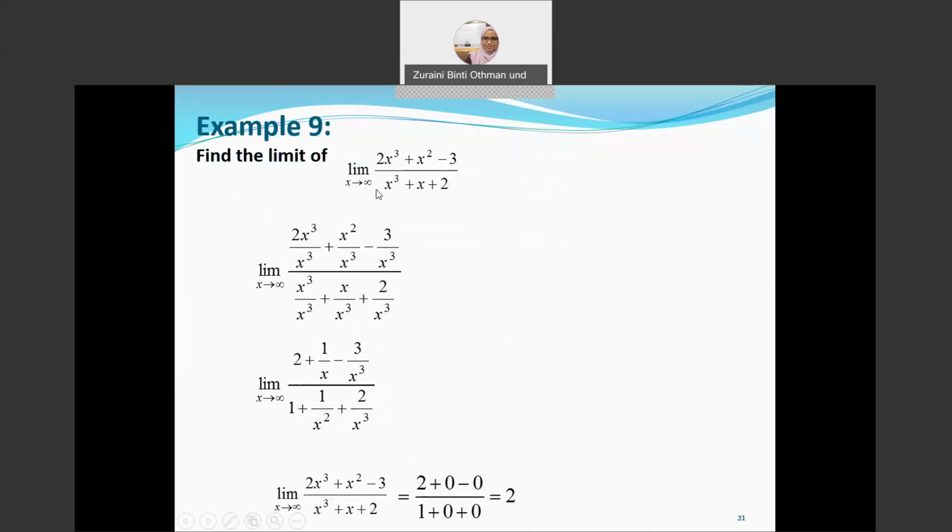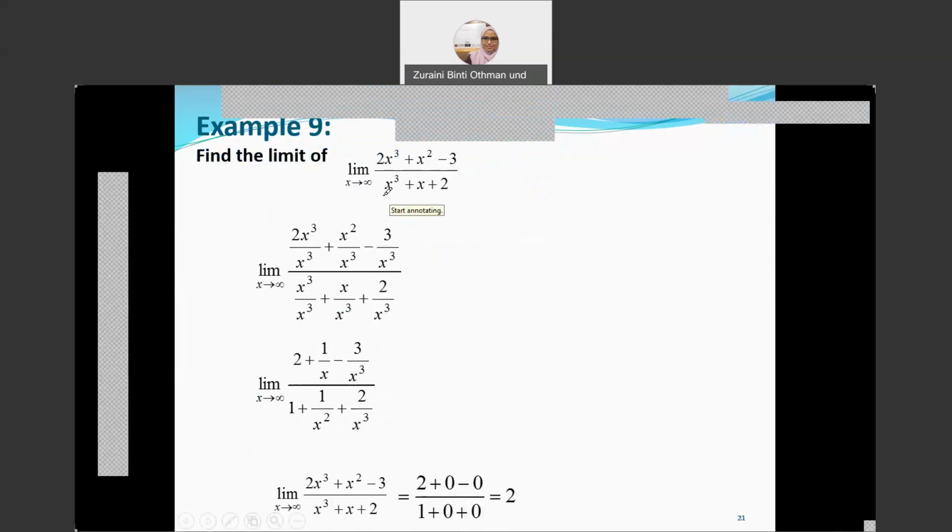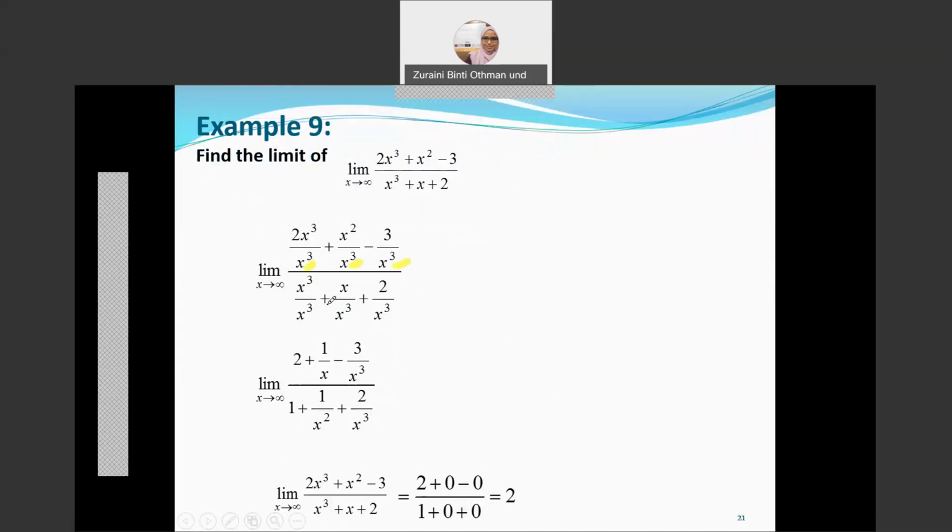So kita refer dekat C ni, maksudnya kita kena divide each term by x to the highest power of denominator. So sekarang kita kena divide dengan x power yang paling tinggi. Okay, tengok denominator kita yang paling tinggi ialah x kuasa 3. So divide semua term yang ada dengan x kuasa 3. Macam ni. Kita ada 2x kuasa 3, so divide dengan x kuasa 3. Dan kita boleh simplify. Yang atas ni akan jadi 2. Ni akan jadi 1 per x.